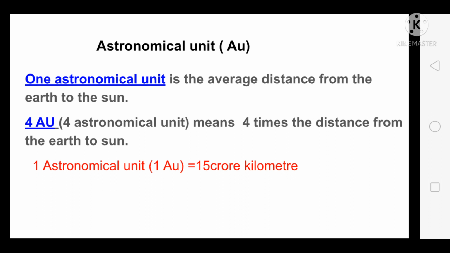1 astronomical unit is approximately equal to 15 crore kilometers.